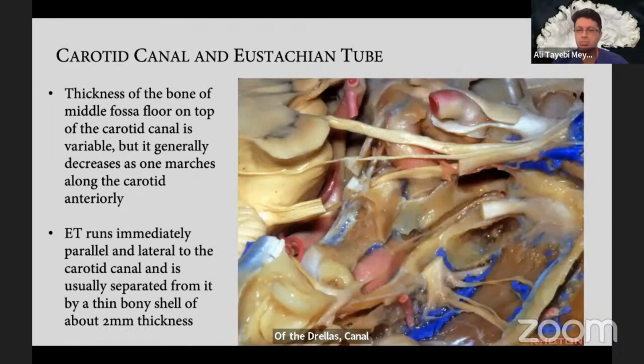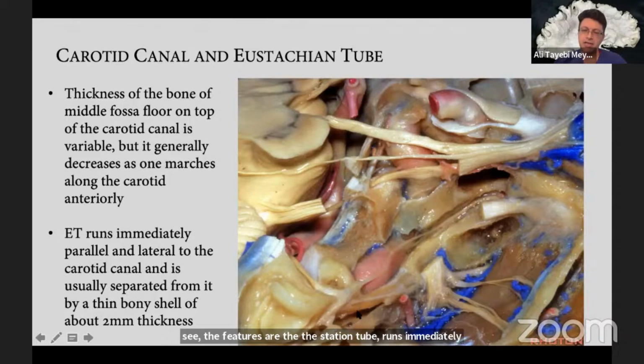This is borrowed from Rhoton. You can see how the GSPN is overlying the petrous carotid. And remember, it is not yet studied where exactly this GSPN is lying. Sometimes you find it a little bit more medial, sometimes a little bit more lateral. So do not rely just on the GSPN to say, hey, I can find the carotid artery right underneath that. And as you see, the eustachian tube runs immediately lateral to that.